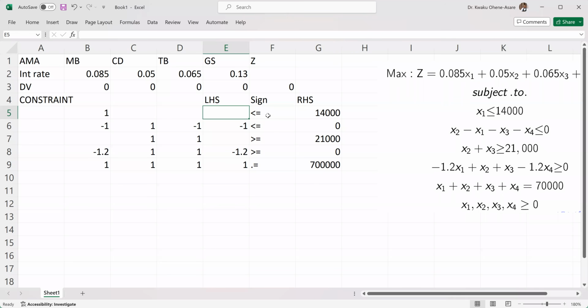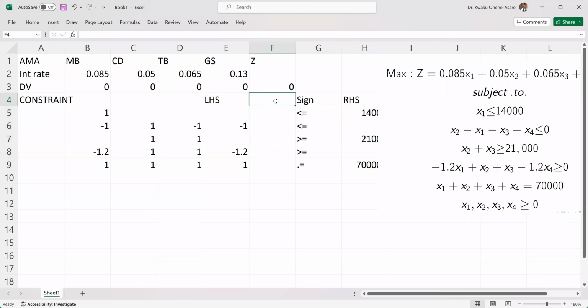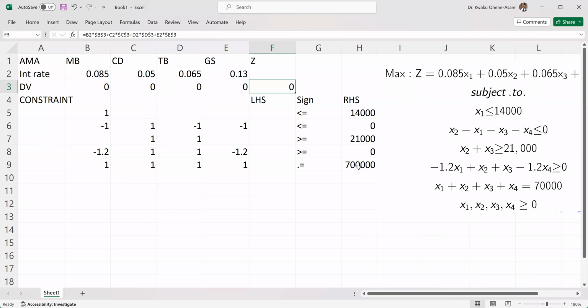Okay. Now, I made a mistake. Let's take this one to this side so that we'll take the formula here. The left-hand side is rather supposed to be here. Clementine, ask the question. So I think we wrote 700,000 instead of 70,000.